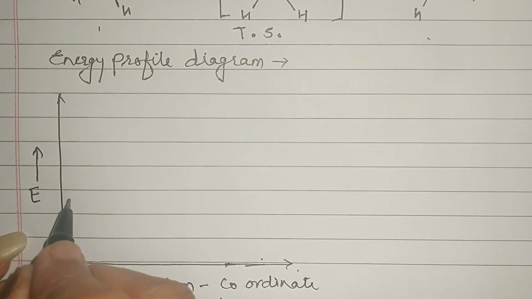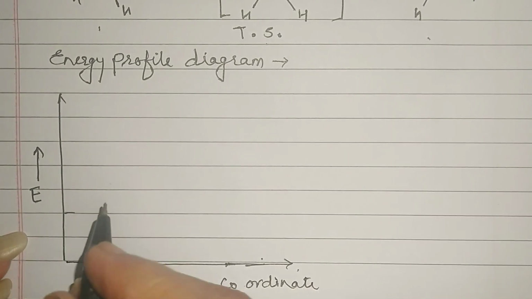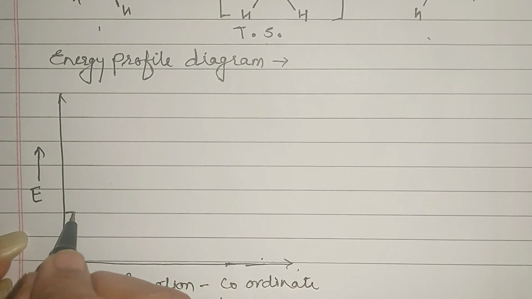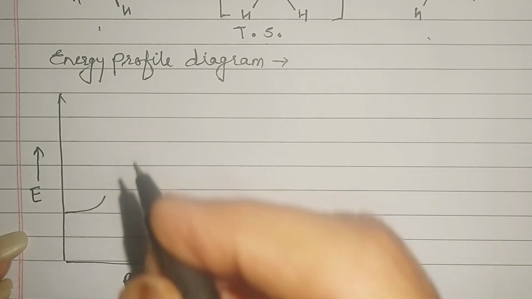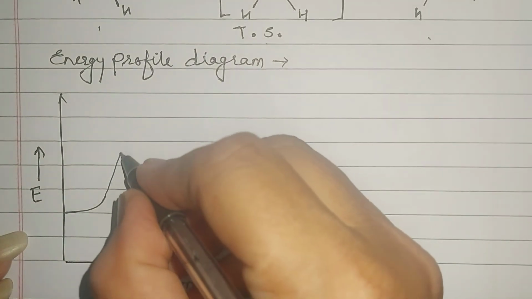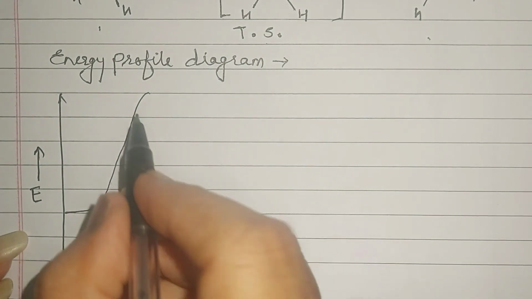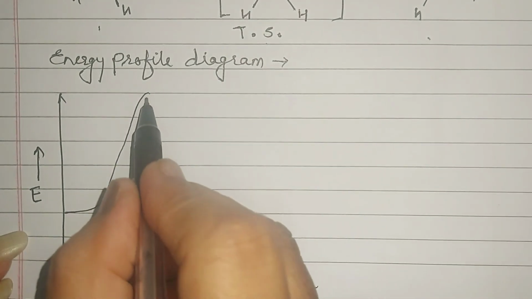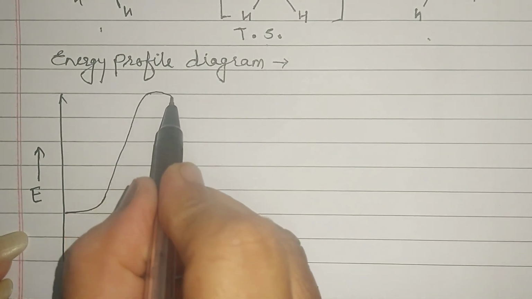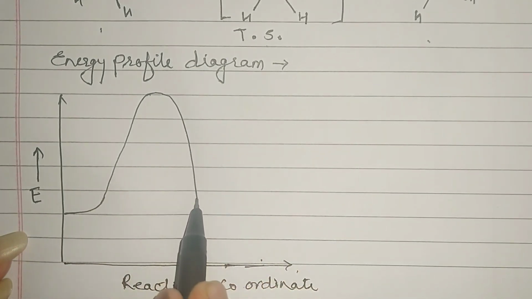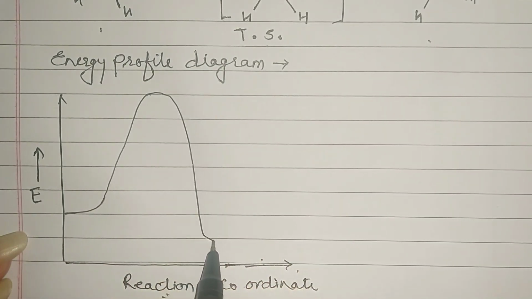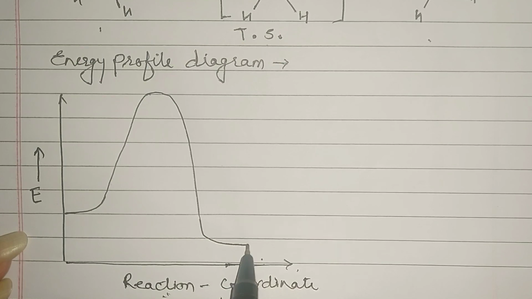In the starting, reactants are present, and as OH starts to approach, the energy starts to increase, and here the transition state is formed. After formation of the transition state, Br departs the molecule and energy starts to decrease, and we get a product.